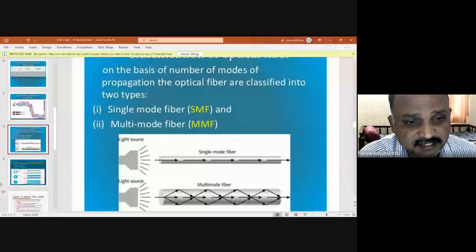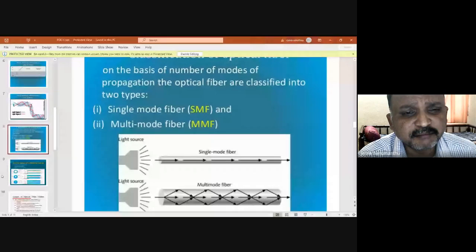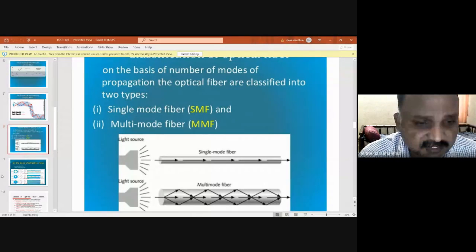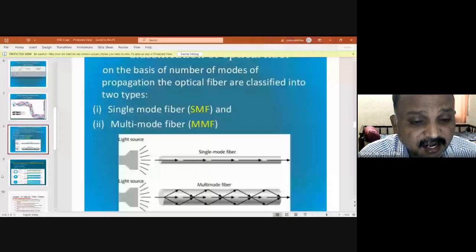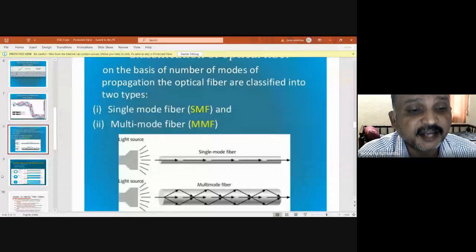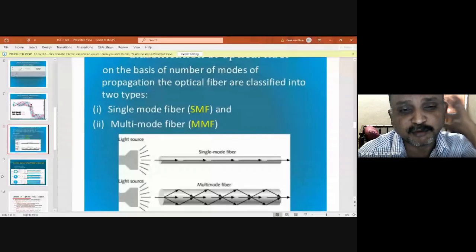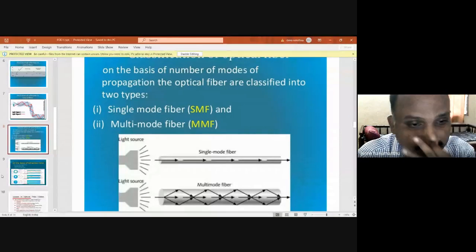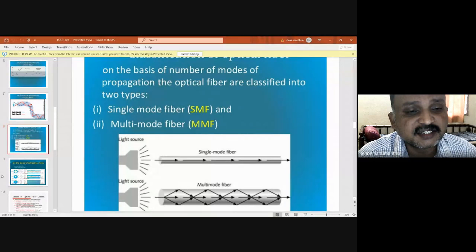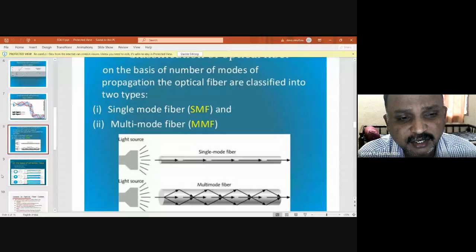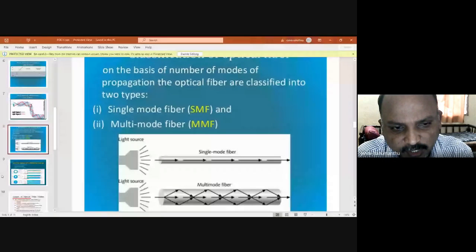Right. Next one is multi-mode fiber. The word multi-mode refers to the number of modes, number of paths, number of directions, number of ways the light is going to choose within the fiber in order to propagate. That's the meaning of multi-mode fiber. Remember, the fiber means core and cladding.